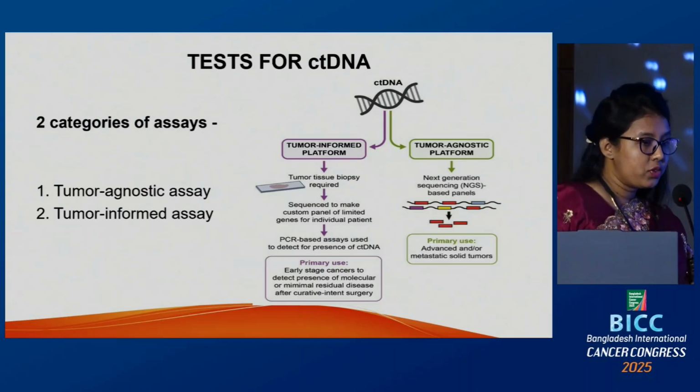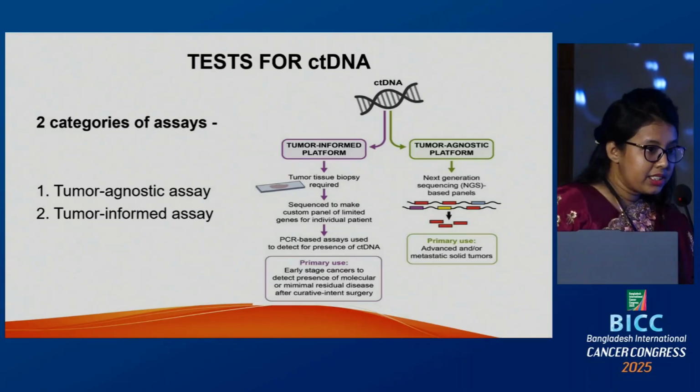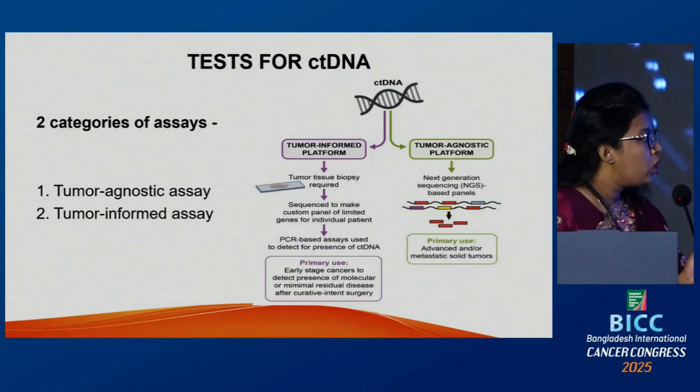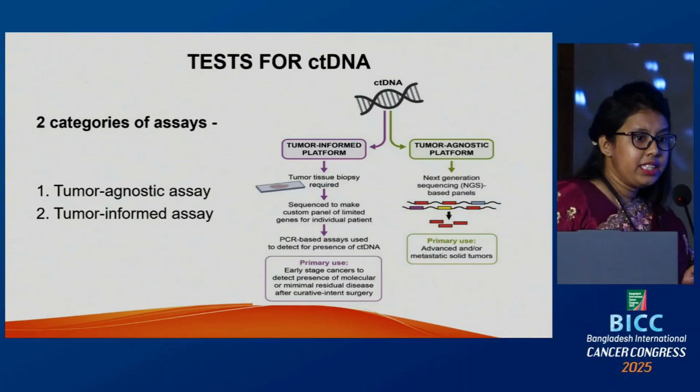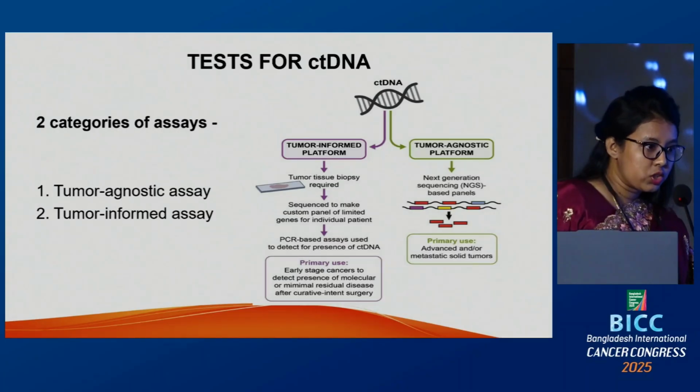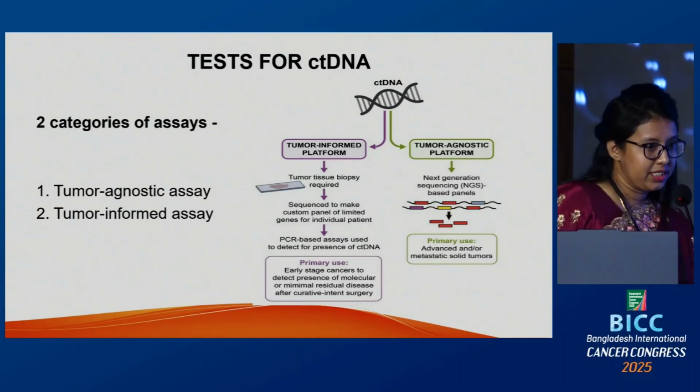Later you have to track down that KRAS mutation in the circulating tumor DNA. So it is more tumor specific, and it is usually used to identify minimal residual disease. It is a more personalized, customized, tumor-specific assay.